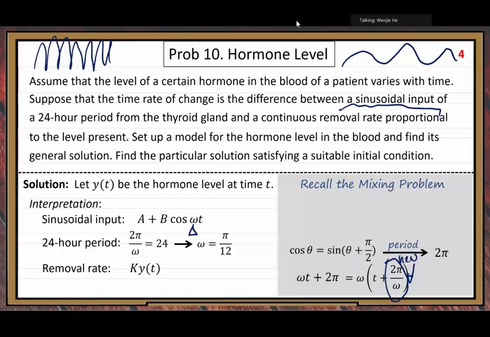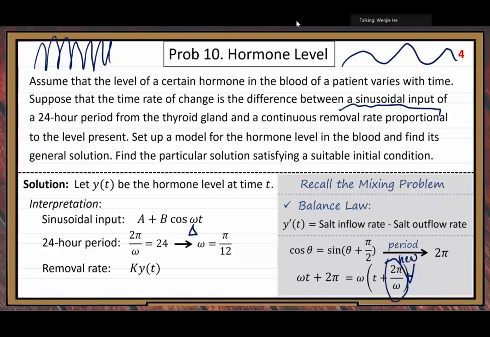From that point of view, it's similar. So there is some balance law related to it. For the mixing problem, the balance law is salt inflow rate minus salt outflow rate. Here we just change the content to hormone level. The pattern looks pretty much the same.